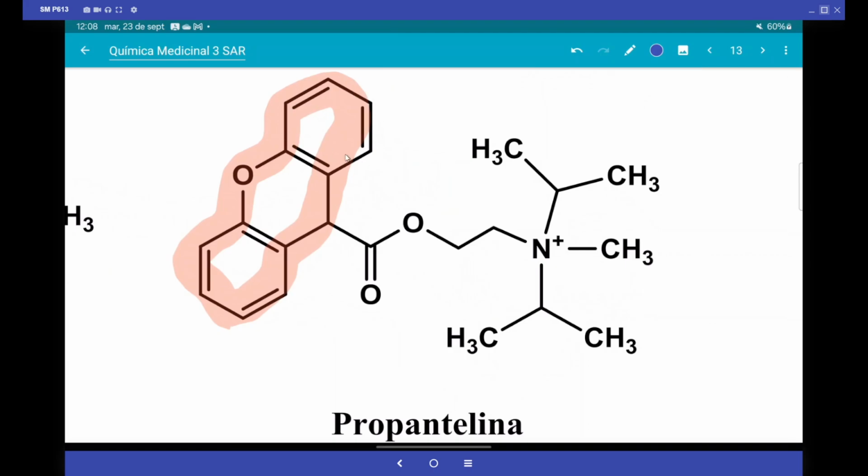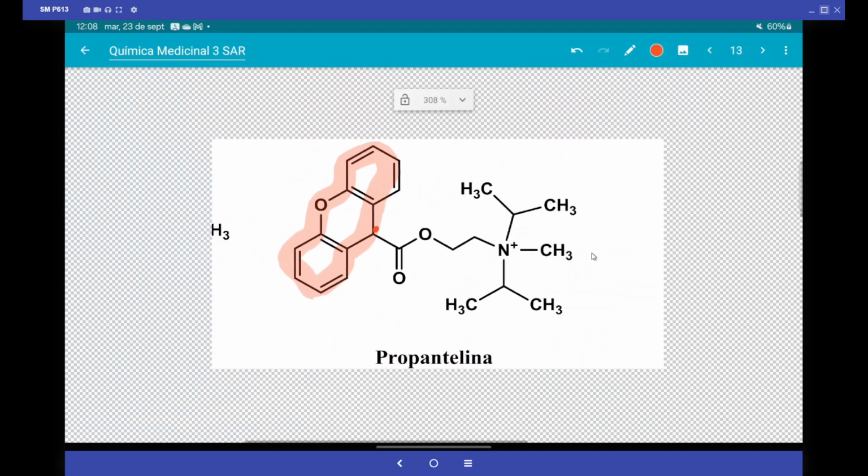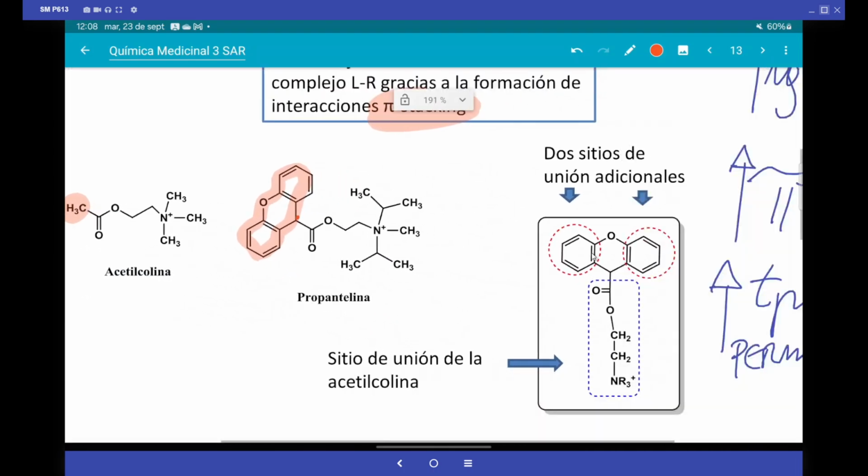This is an aromatic ring, but the one in the center is not perfect; it does not have a proton here, so it is not aromatic. It is already angular, this system, and the hydrophobic contact in the alkylated part of the nitrogen atom must increase. This system is also anchored to the muscarinic receptors.